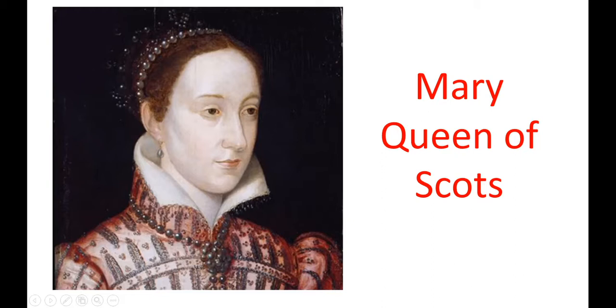It's the fact that she moves to England in the late 1560s and is under house arrest. She is there as somebody who people can potentially gather around, somebody who people can use as a figurehead for their rebellion.